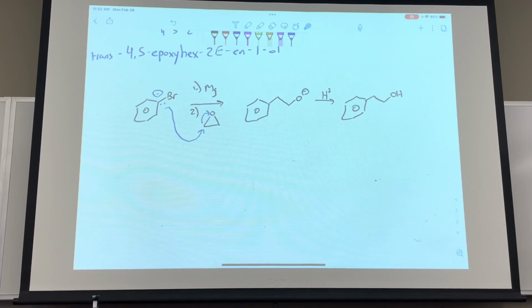Could I do this? I'm going to make the Grignard reagent. And instead of using the ethylene oxide, I'm going to use, let's say, diethyl ether.